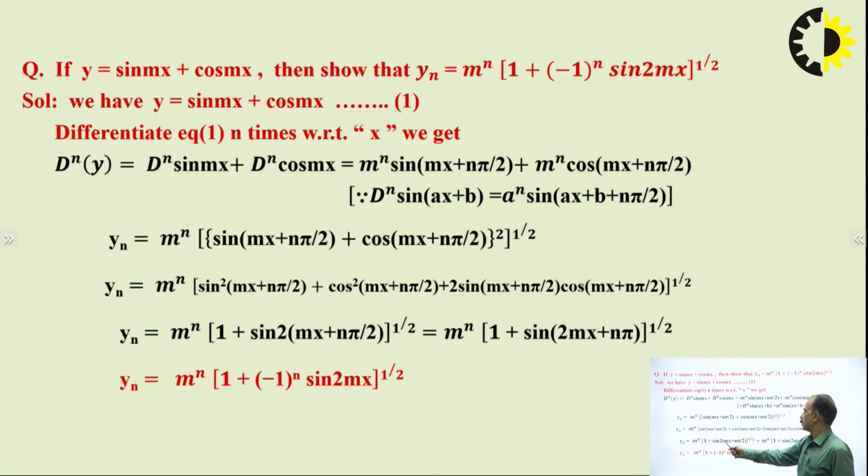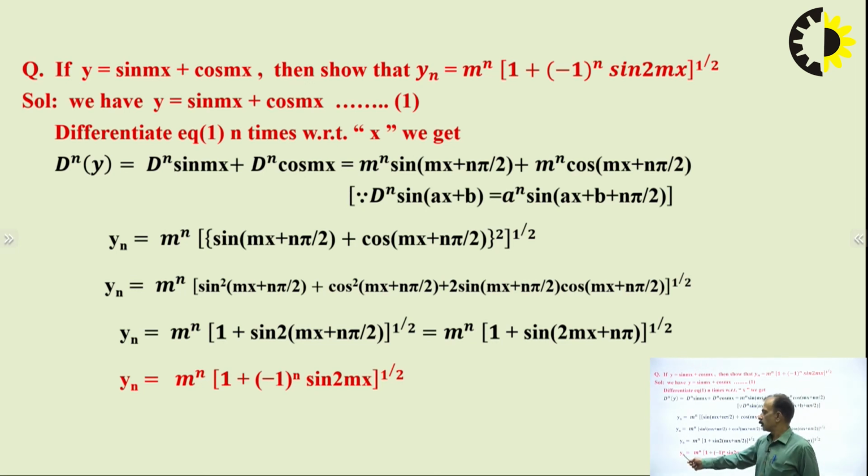So 1 plus 2 sin(mx plus n pi by 2) cos(mx plus n pi by 2), this is 2 sin a cos b form, which converts into sin 2(mx plus n pi by 2). So the nth derivative is y n equals m raised to the power n into (1 plus sin(2mx plus n pi)) whole raised to the power 1 by 2.